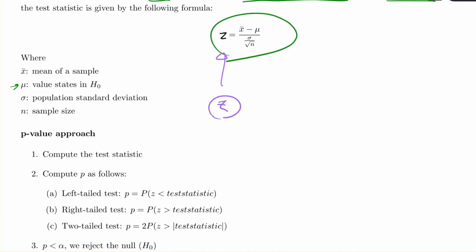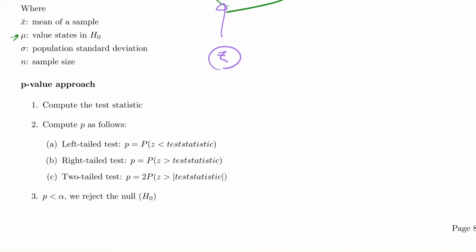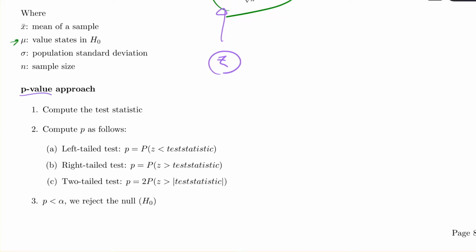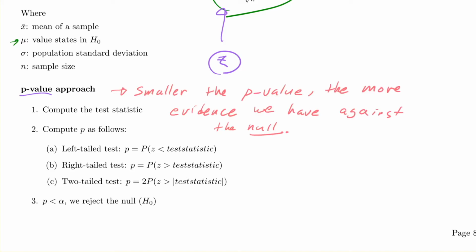And using the z table, we can find the p-value. The p-value is the probability that the test statistic will take on a value as extreme or more extreme than the observed test statistic. In general, the smaller the p-value, the more evidence we have against the null hypothesis.